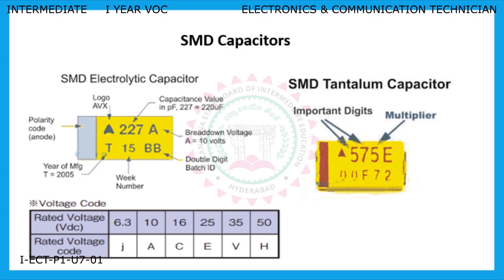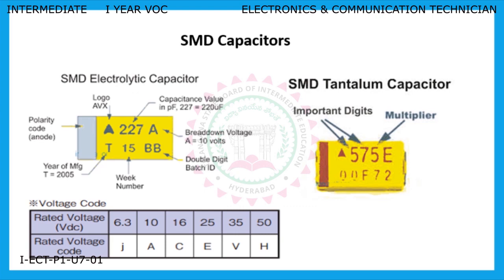Again, we'll come back to the code which is indicated on the electrolytic capacitor. It is having one line in the leftmost part. It will indicate the polarity code anode, and the logo is indicating the AVX. 227 is indicating the capacitance value in picofarad, which is indicating 220 microfarad.